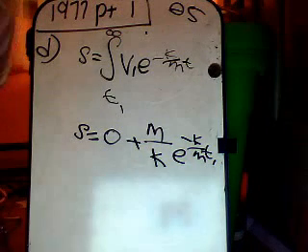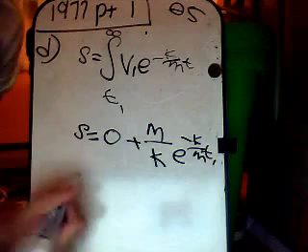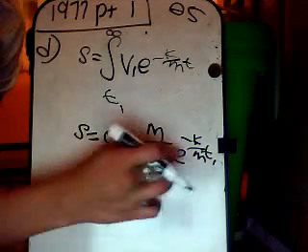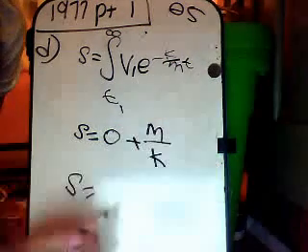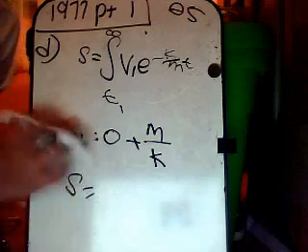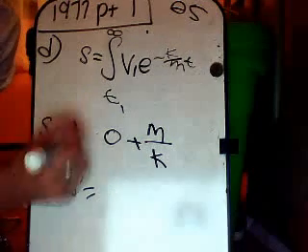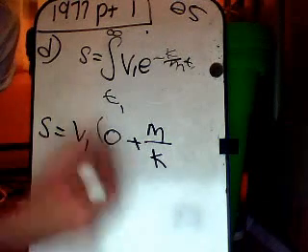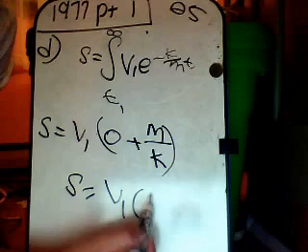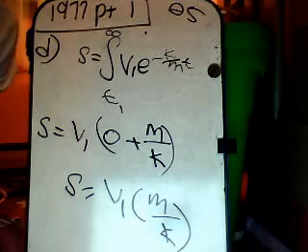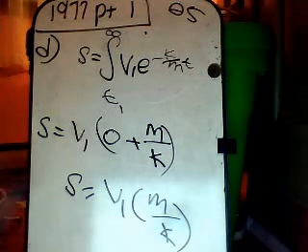But since ti equals 0, it's just e to the 0, which is 1. Oh, I'm sorry, you still had the vi, so s equals vi times m over k, and that is d, that is the total distance.